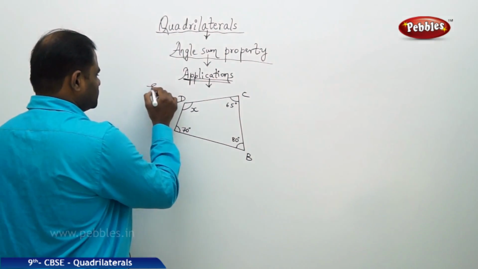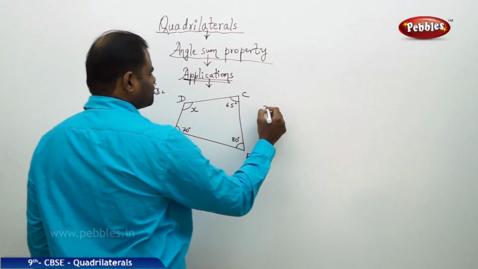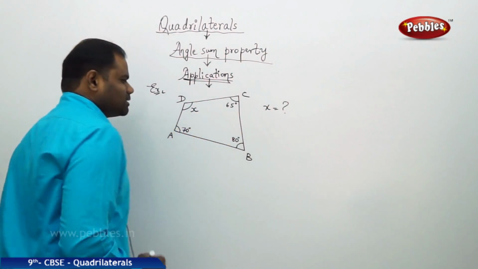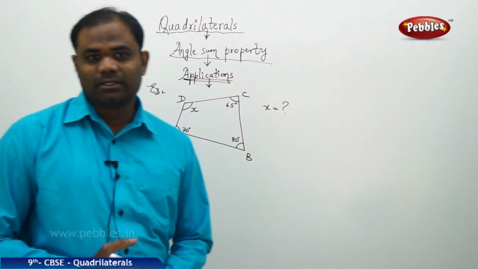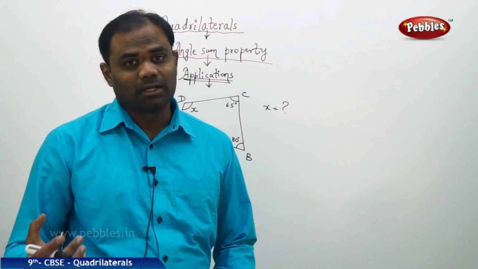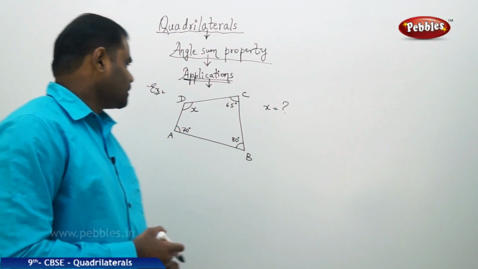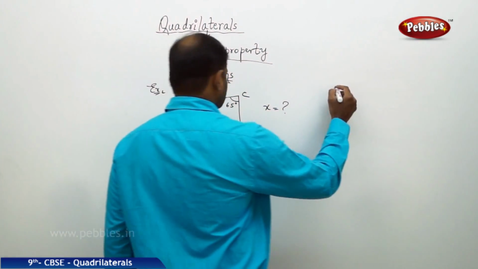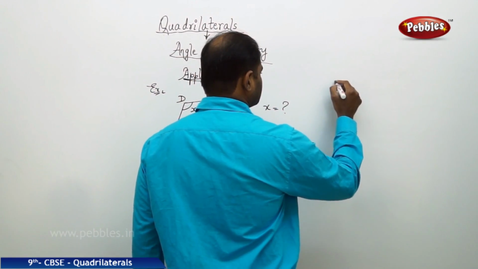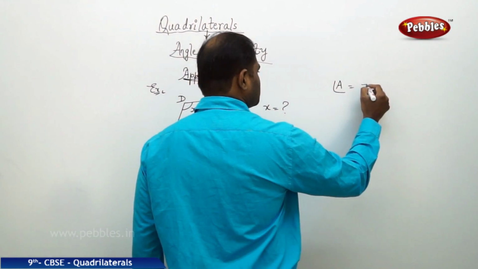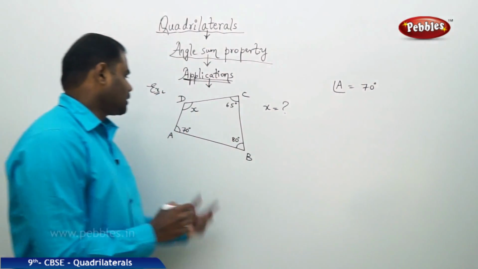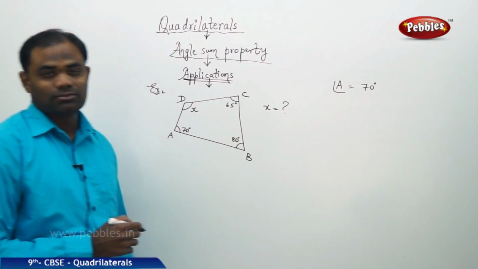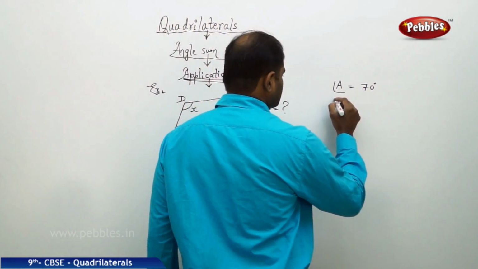For this given problem where I need to find X, let's see how we can find X using angle sum property. Clearly we know that the given conditions are that angle A is given to be 70 degrees and my angle B is given to be 80 degrees.